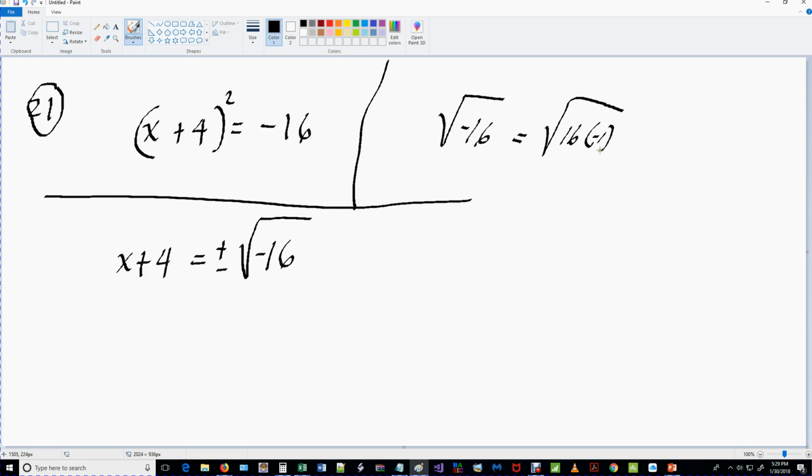That's obvious. The square root of 16 is 4, and the square root of minus 1 is i. So this is x plus 4 equals plus or minus 4i. Now, you can get two solutions.